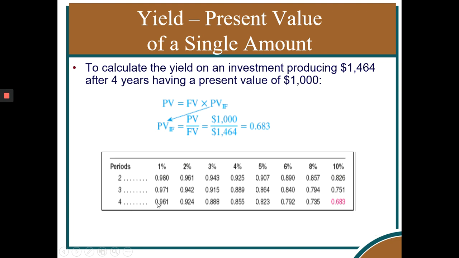It is under the 10% column. So N equals 4, and you already know the interest factor, therefore where they intersect is 10%. So you know the interest is 10%. That's how you can calculate the yield or interest, so use the table to calculate.